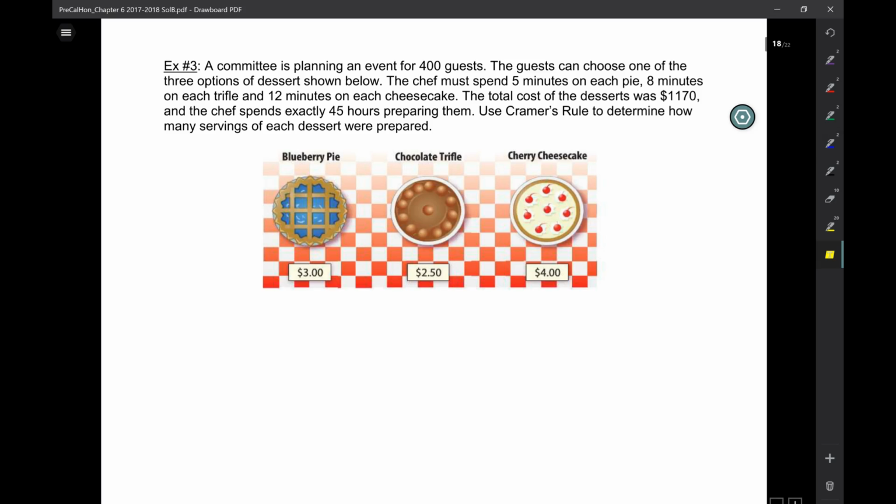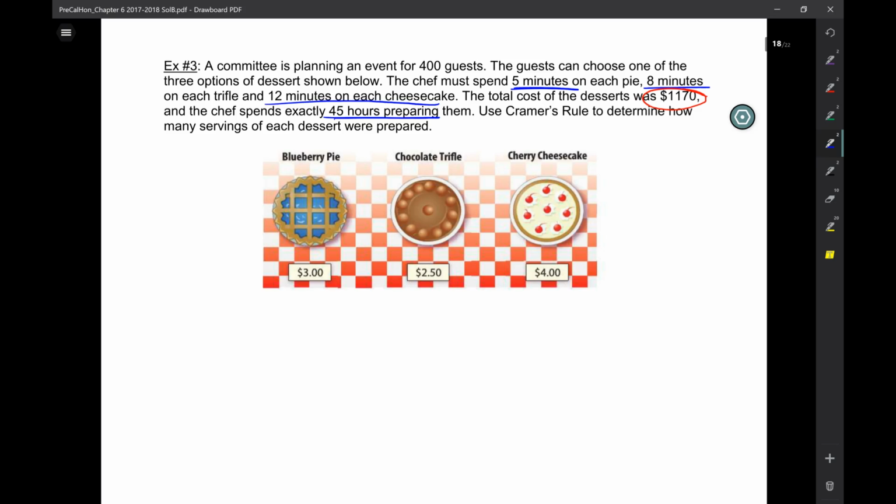The chef must spend 5 minutes on each pie, 8 minutes on each trifle, and 12 minutes on each cheesecake. The total cost of the desserts was $1,170, and the chef spends exactly 45 hours preparing them. Use Cramer's rule to determine how many servings of each dessert are supposed to be prepared.